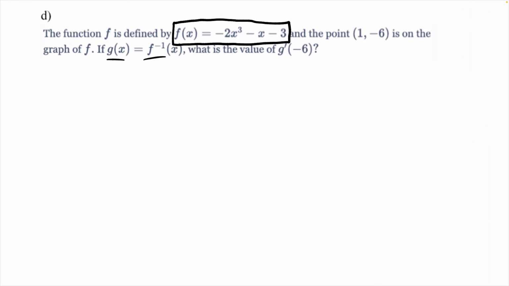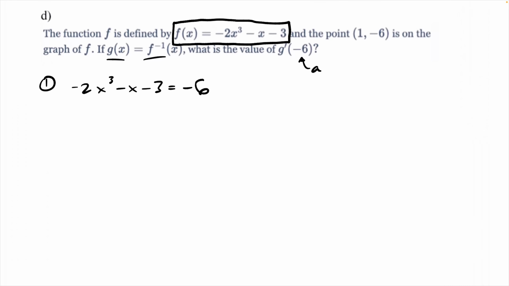So step 1 says find x: set f of x equal to a. So -2x cubed minus x minus 3 equals -6.